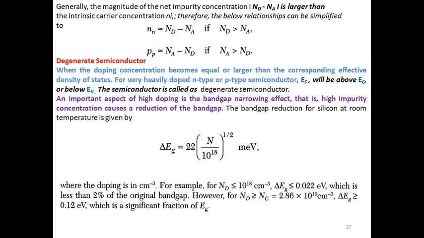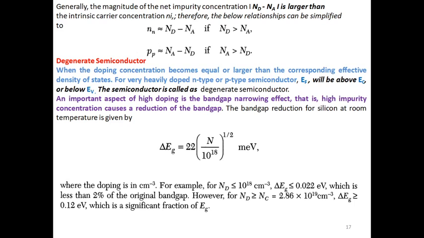If the n- and p-type semiconductors are very heavily doped, then the Fermi level will be above E_C or below E_V. When a very high concentration of impurity, acceptor or donor, is added to a pure semiconductor, it behaves like a conductor, and this is called a degenerate semiconductor.